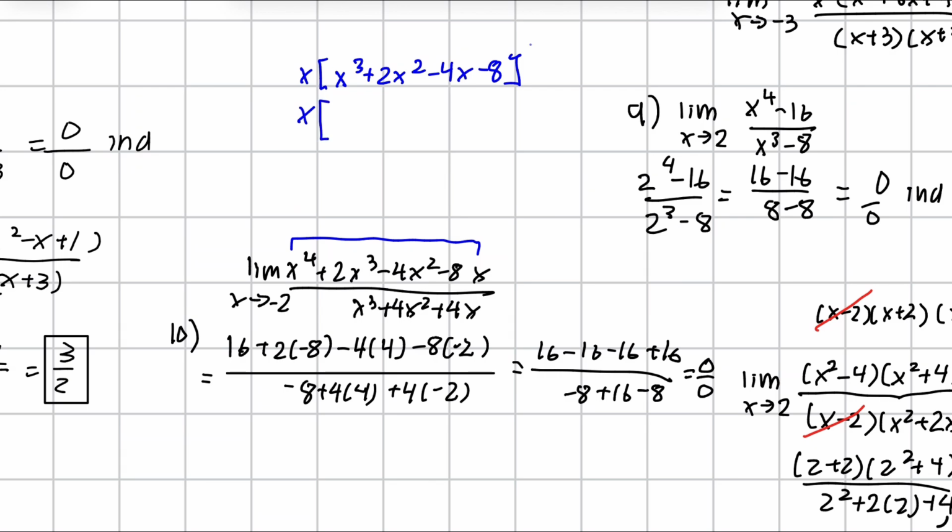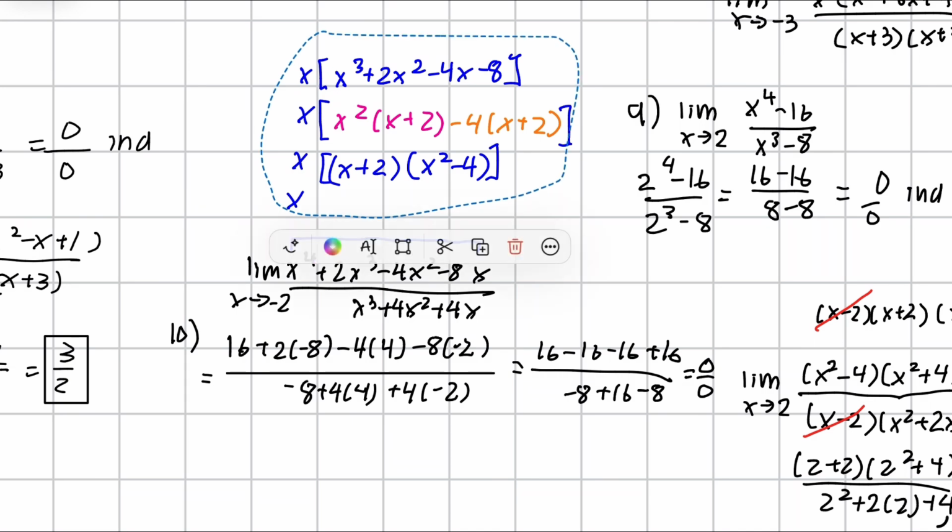So we have x on the outside still, but then on the inside we can do x squared times x plus 2, and then we can do minus 4 times x plus 2. Now for our next step, we can take this x plus 2, and we're going to take x squared minus 4.